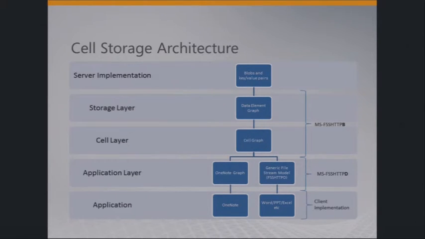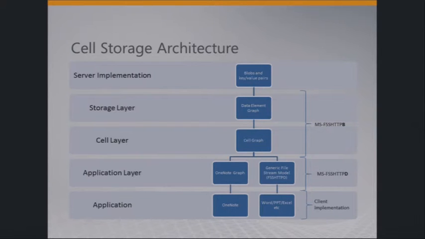And you can see up at the top we've got the actual server, and at the bottom you've got the application, the client. The server basically is storing blobs and key value pairs, and the client is consuming, in the case of Word and PowerPoint and Excel, a doc or a docx.